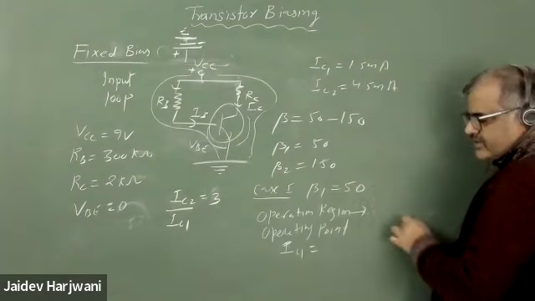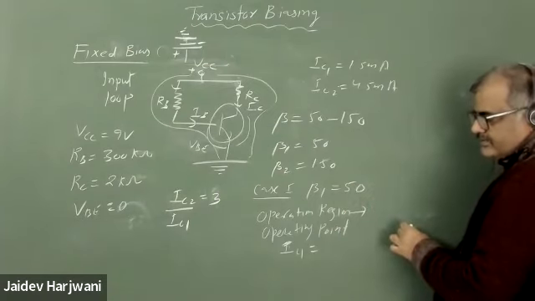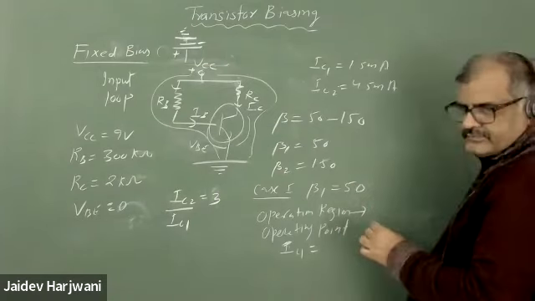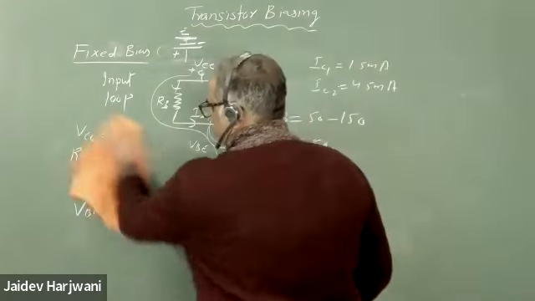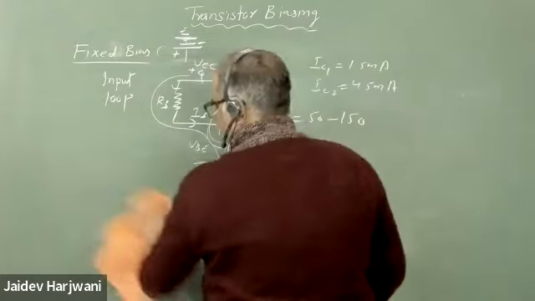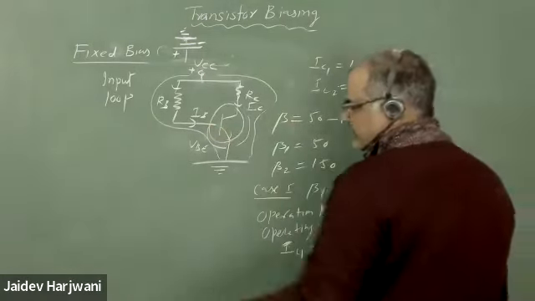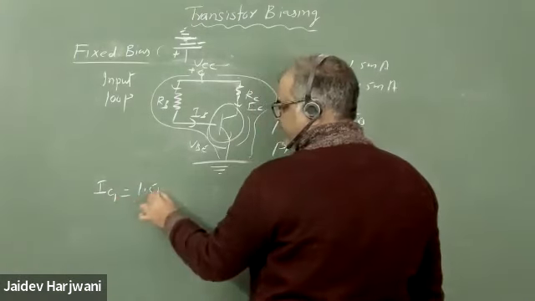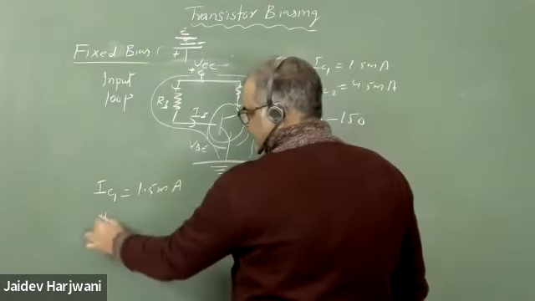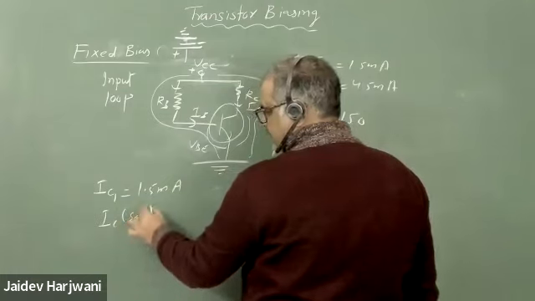So in the first case there is no saturation, so in the first case what is the operation region? How do you find the operation region? IC saturation in the first case: you have IC1 equals 1.5 milliampere, and IC saturation is what?